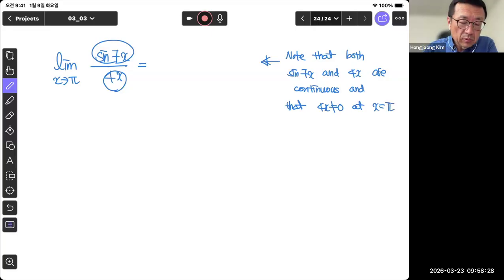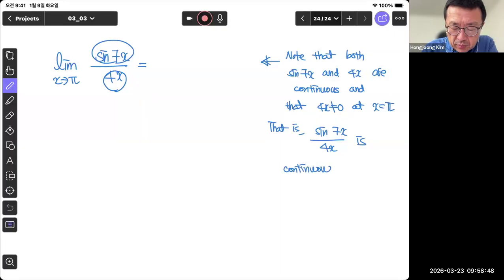So in that case, this sine 7x over 4x is continuous at this value, pi. So I have a continuous function, and you are looking for the limit as x goes to pi.